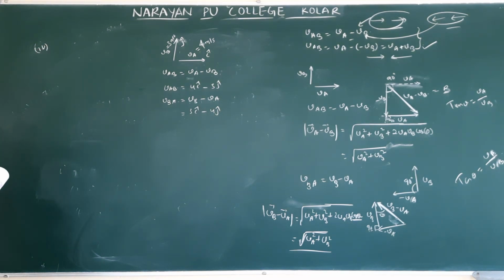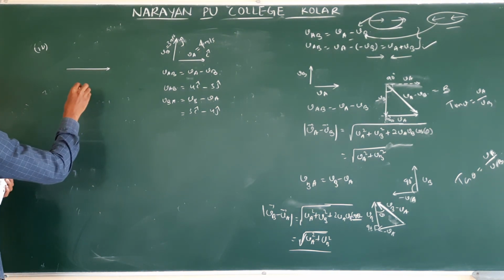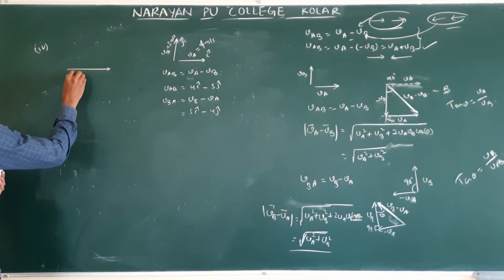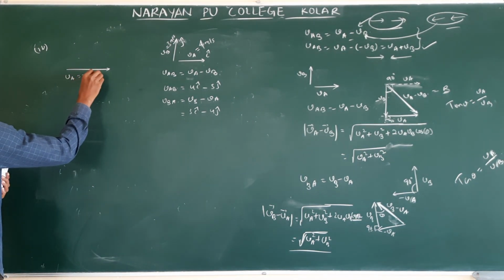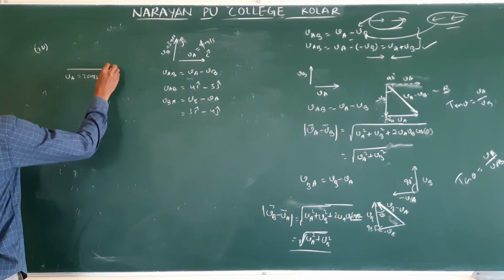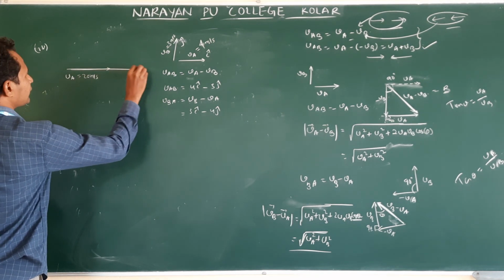How did they give? Two vectors are acting like this. One vector acting like this. This is given as VA. VA is equal to 20 meter per second. Another vector is acting, VB. It is acting on the straight line.